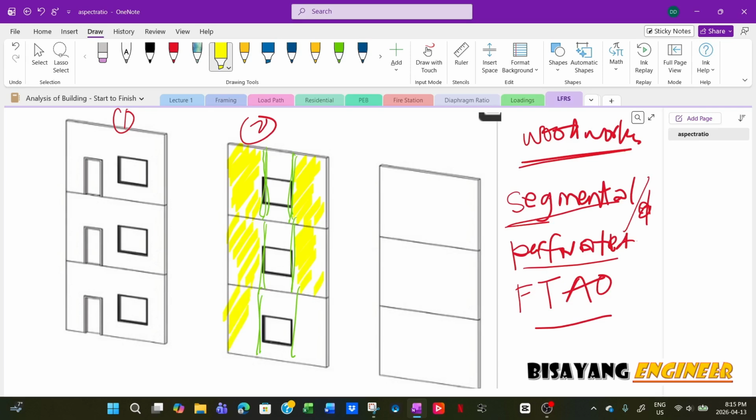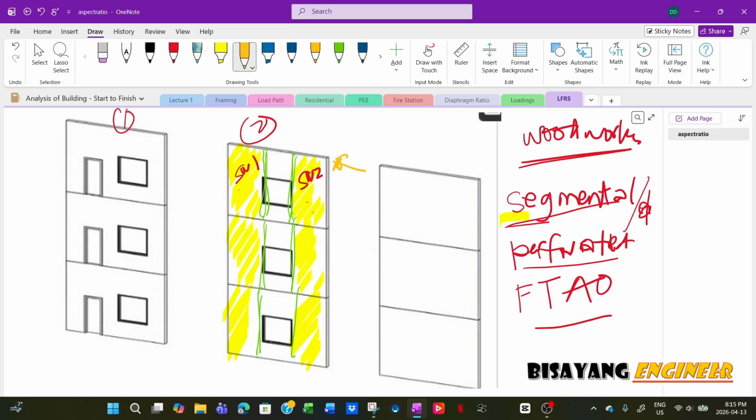So you only consider that part. That is the segmented shear wall analysis. So this one will be a separate shear wall. You say this is shear wall 1, and this is shear wall 2. And then the force will be divided depending on the stiffness of these two.